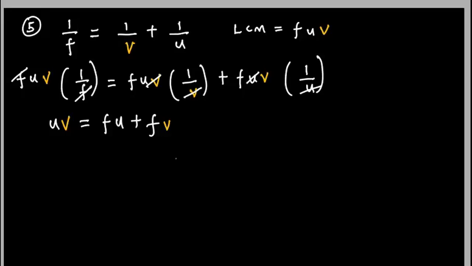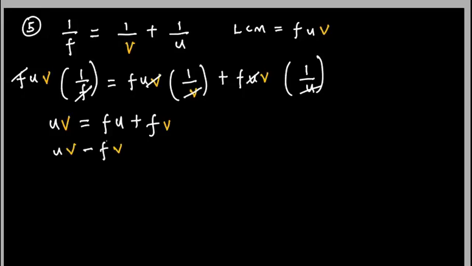You take like terms in V, bring all the V's together, and I have UV. I have plus FV on the right hand side, because it becomes minus FV. So I don't have any V term again.